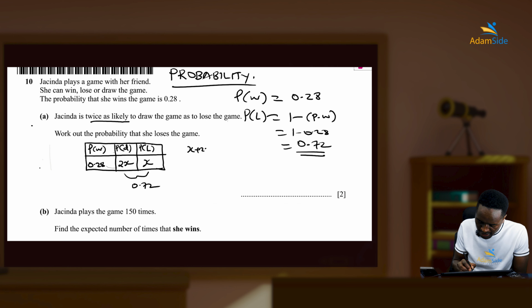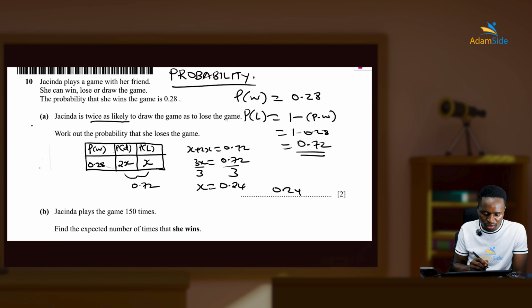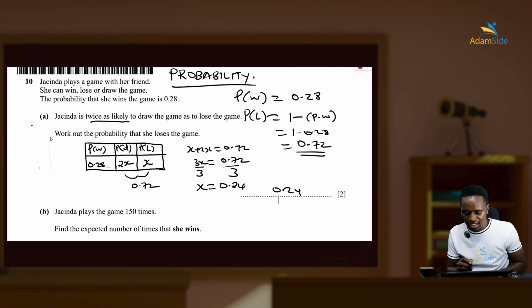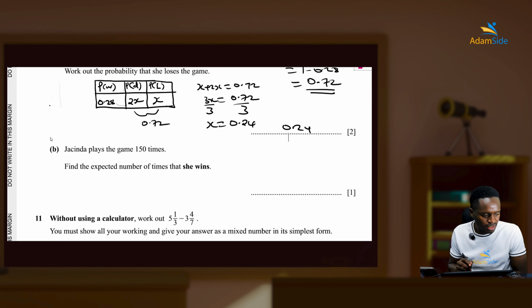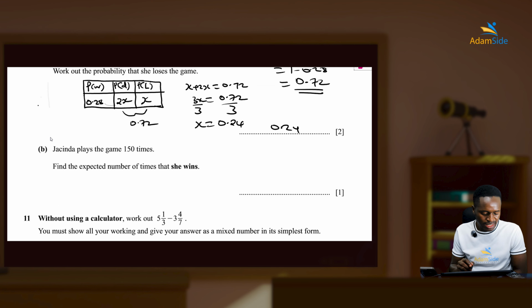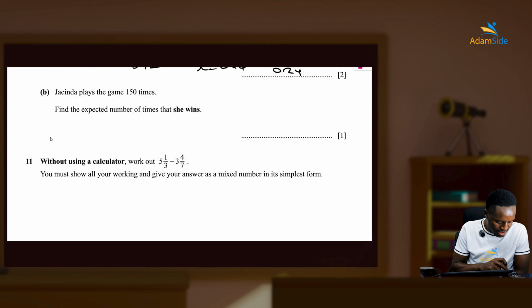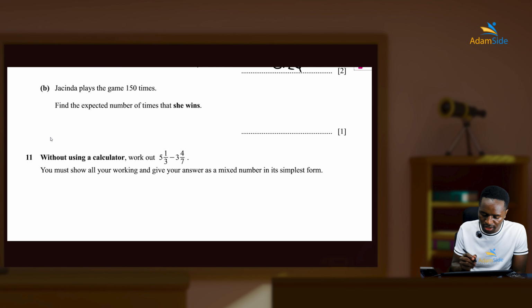So x plus 2x is equal to 0.72. 3x is 0.72. Divide by 3, so x will be 0.24. You apply the knowledge of algebra in probability. You get 0.24, or you can say 6 over 25.